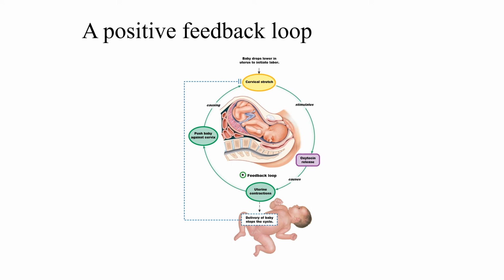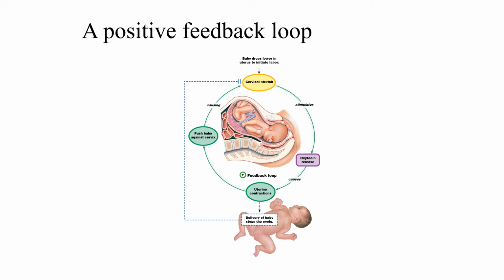And so that cycle is going to keep going, the contractions of your uterus and the stretching of your cervix, until the baby is delivered. So what's going to stop that positive feedback loop in this example is the baby being delivered. Once the baby is delivered, that's it.